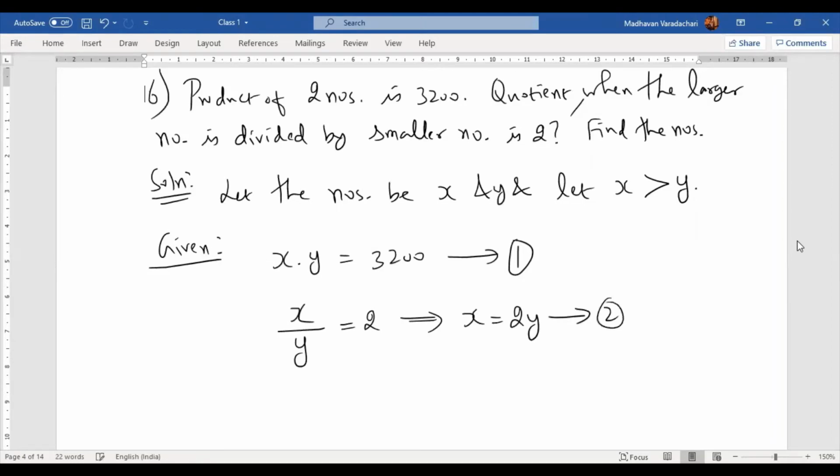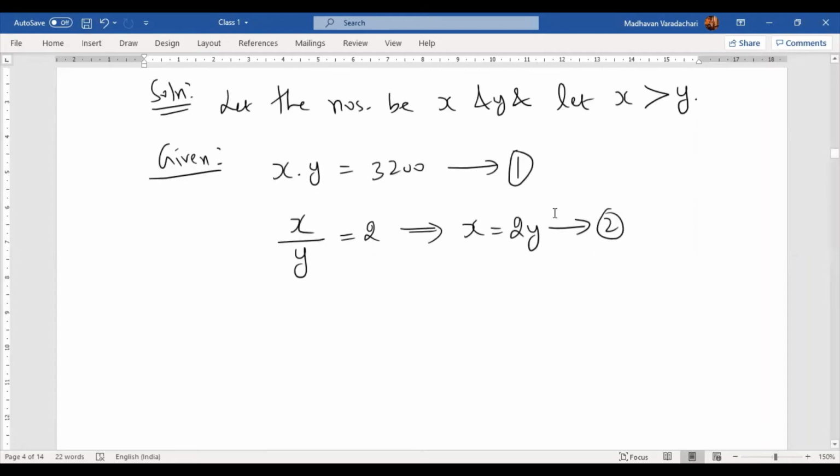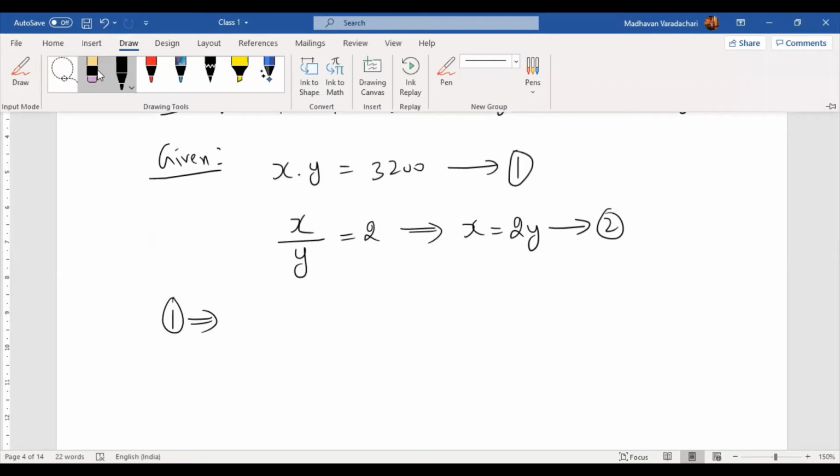Consider this as the second equation. Now I can substitute this 2 into this 1. So I can rewrite 1 with x as 2y, substituting 2 in 1.